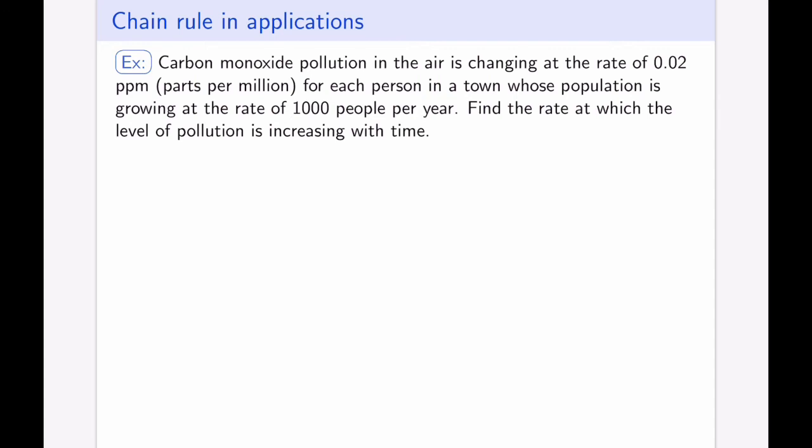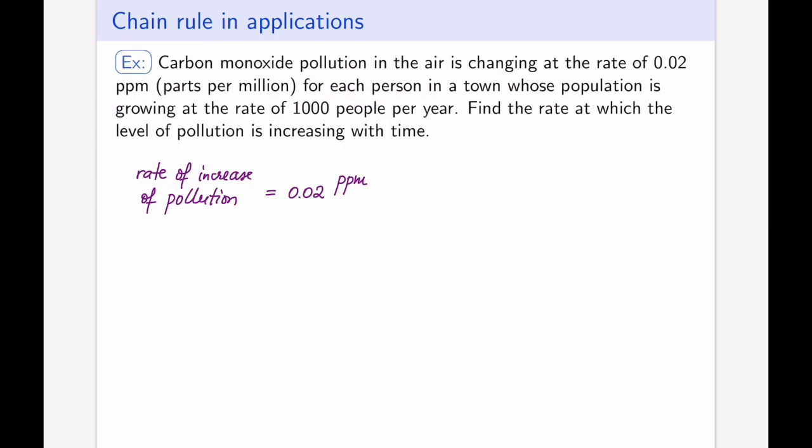So let's take a look at what are our moving parts here. First of all, we're asked for the rate of increase of pollution. So let's start to figure out what is the actual process by which that happens. We notice that the pollution is changing at 0.02 parts per million for each person.